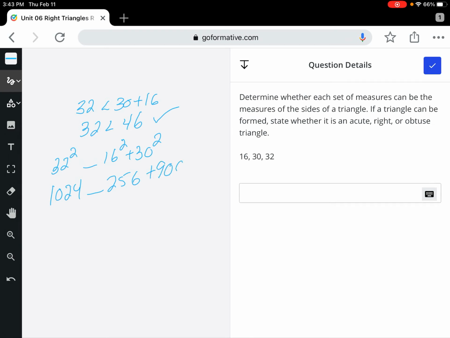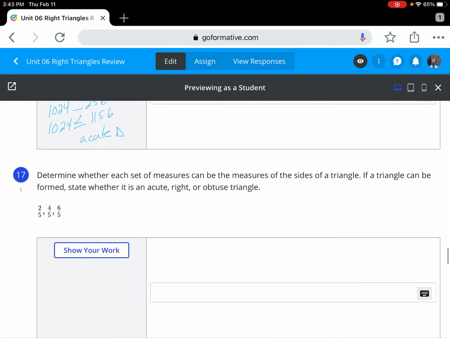So I have 1024. This is 256 plus 900. Okay, so 1024 is what to 1156. So 1024 is less than, so it must be an acute triangle.